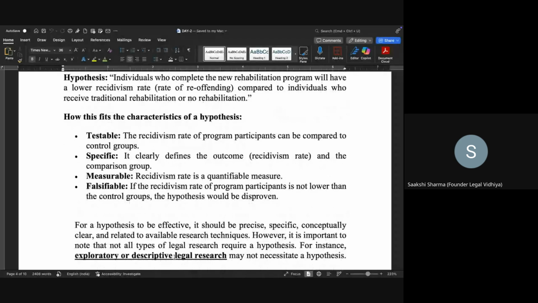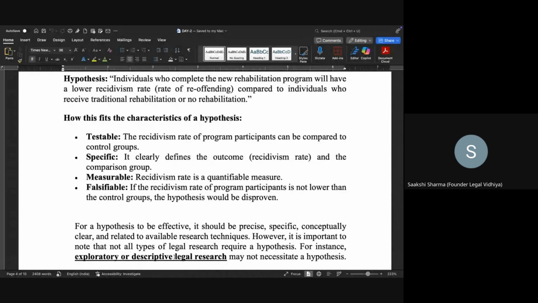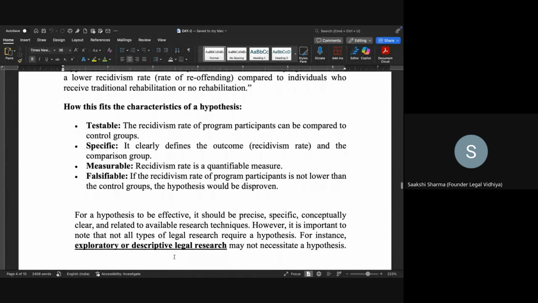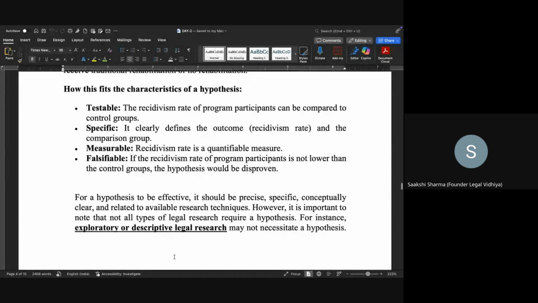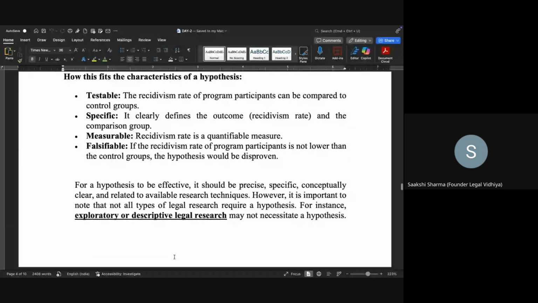When we talk about legal research, it is not always necessary that your research paper has a hypothesis, because when we do exploratory descriptive legal research, where we just try to understand what the law is and explain what the law is, that type of research might not require a hypothesis because you're just trying to explain and understand what the law is in a deeper sense.